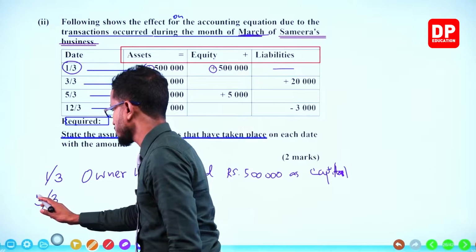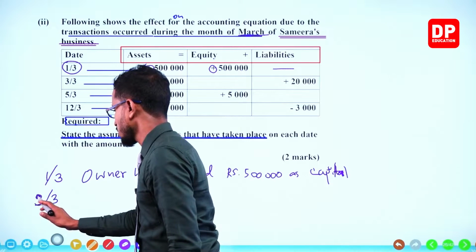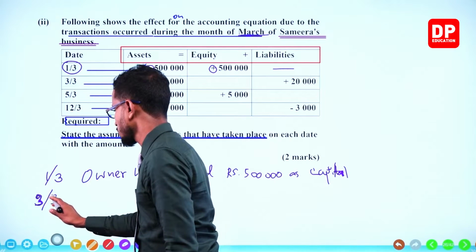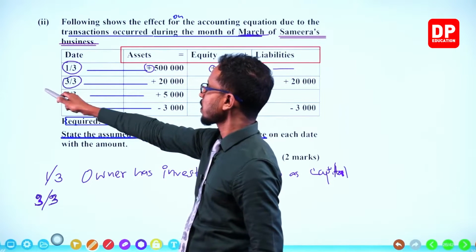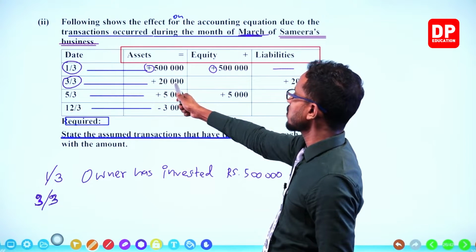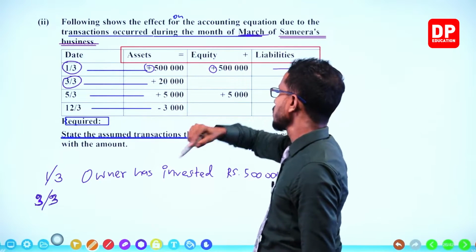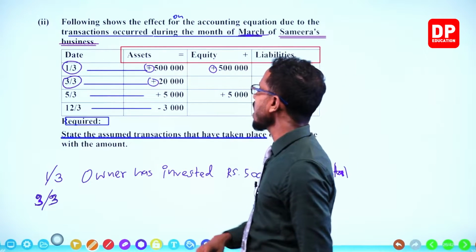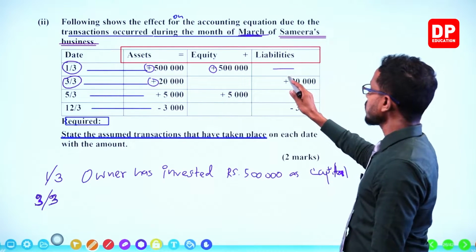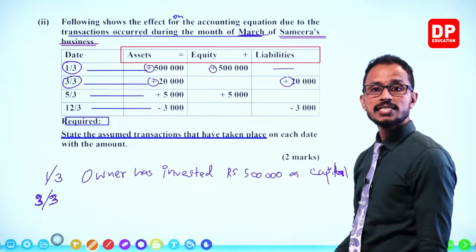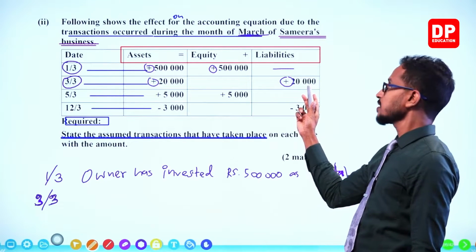Third, this is the second transaction. 20,000 increased under assets. 20,000 increased under liabilities. Can you see this?